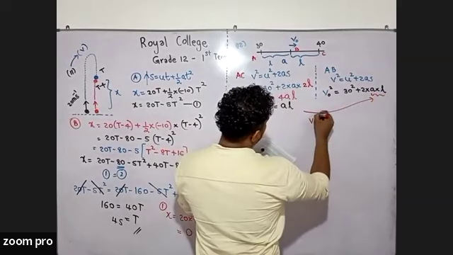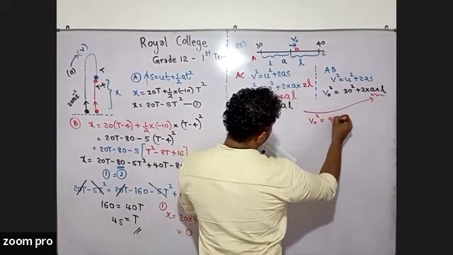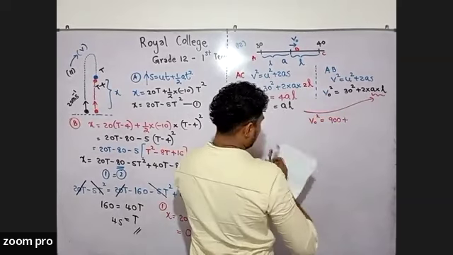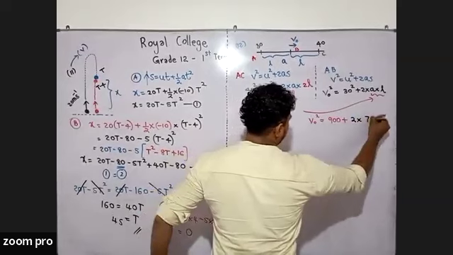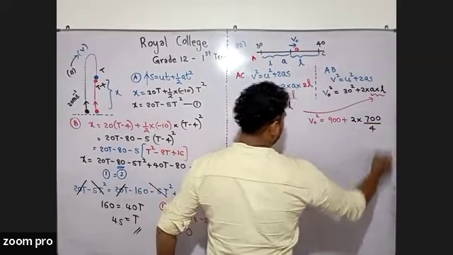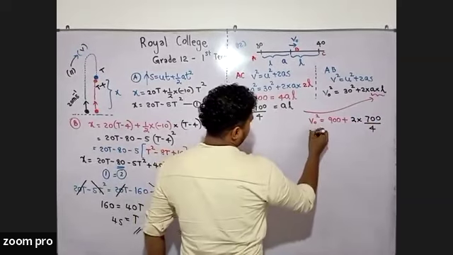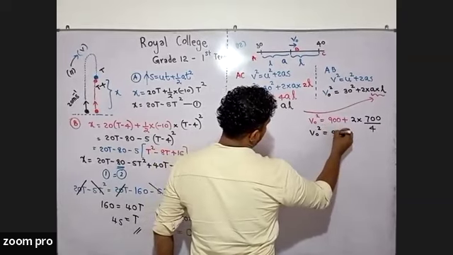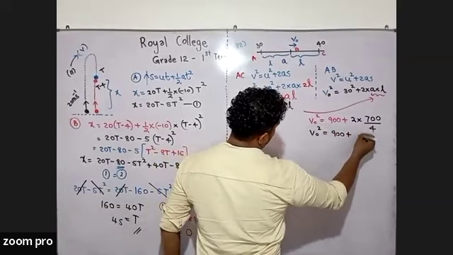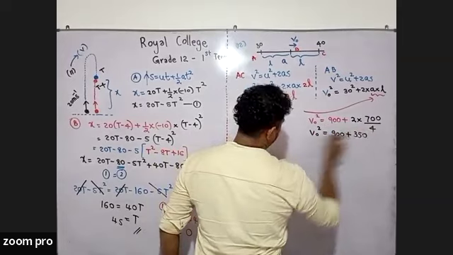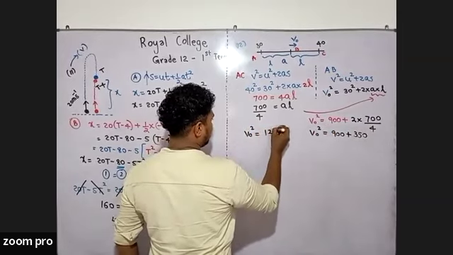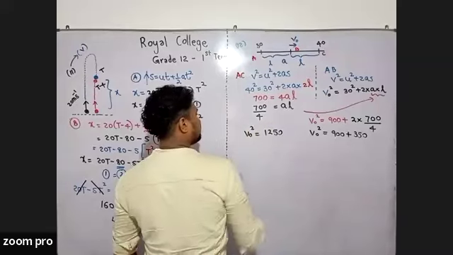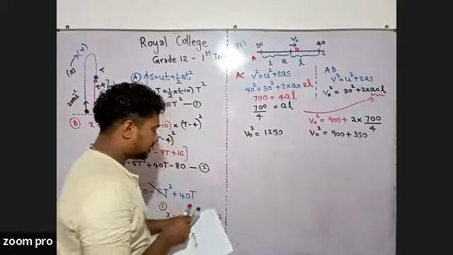Then V naught squared equal to 900 plus 2 times, instead of AL, we substitute 700 over 4. Then V naught squared equal to 1250. This is the answer.